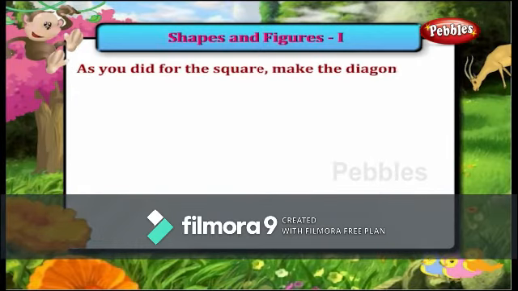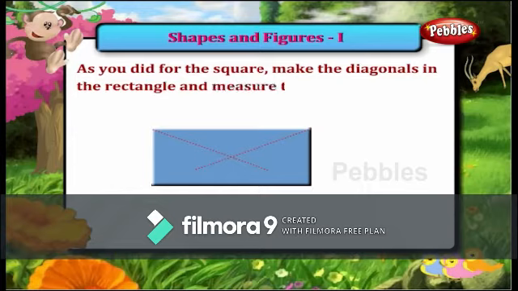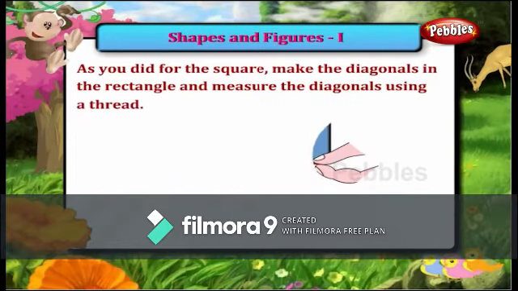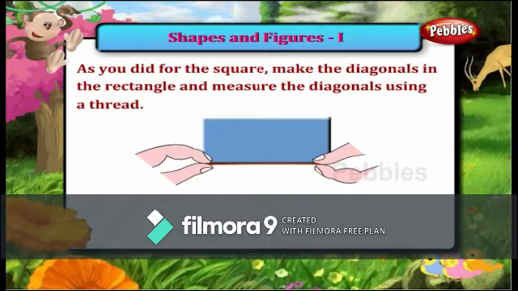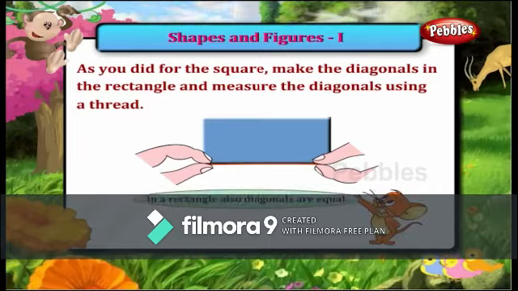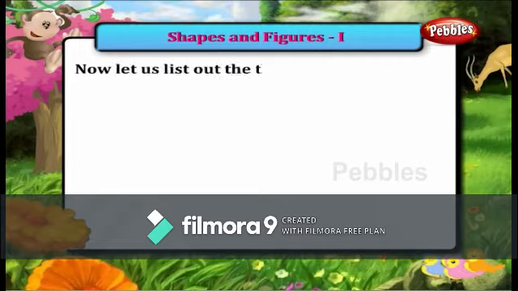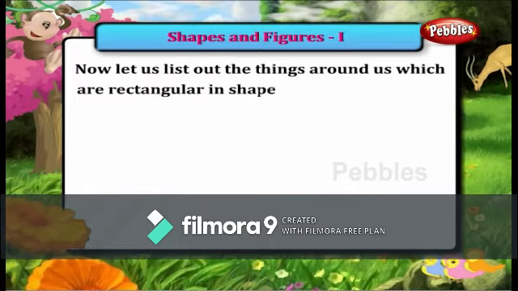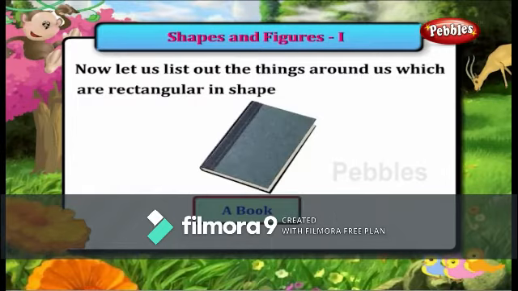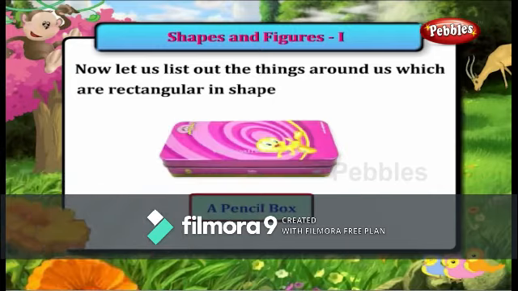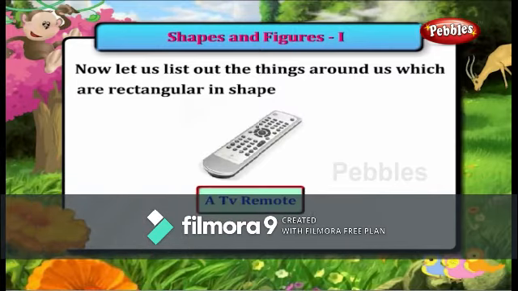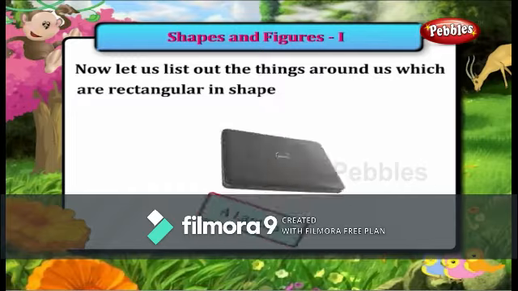As for the square, make the diagonals in the rectangle and measure the diagonals using a thread. In a rectangle also, diagonals are equal. Now let us list out the things around us which are rectangular in shape. A book, a pencil box, a TV remote, a laptop.